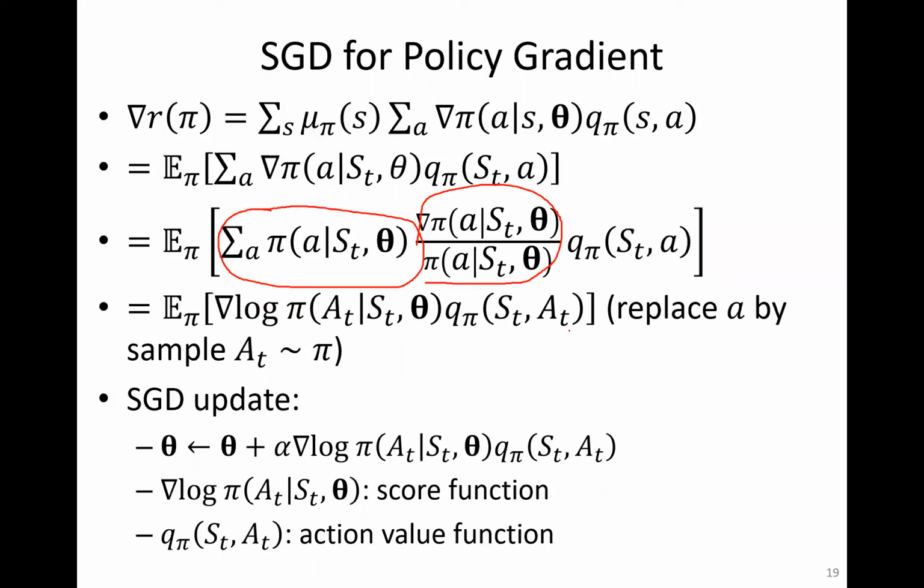By multiplying and dividing by pi, we can replace the expectation over action by sampling a particular sample capital A_t.